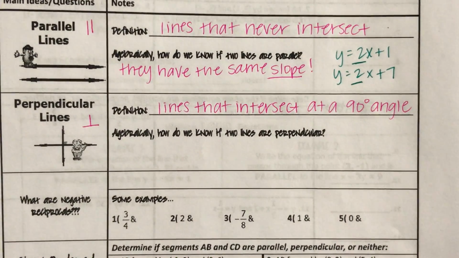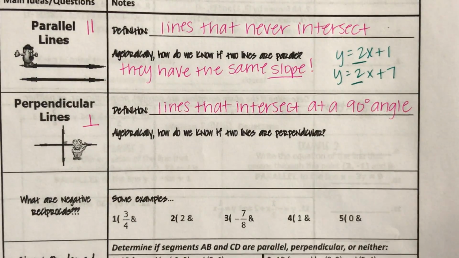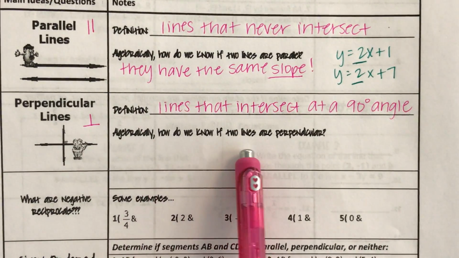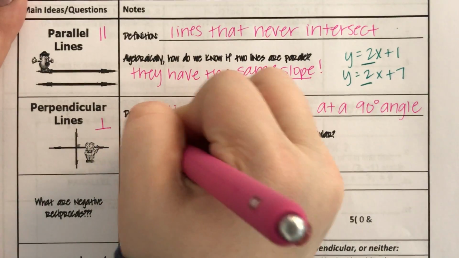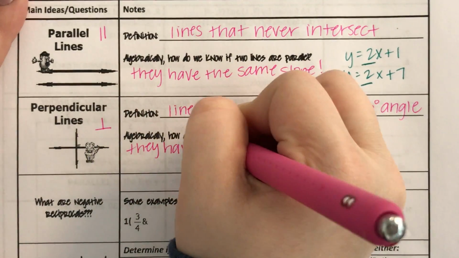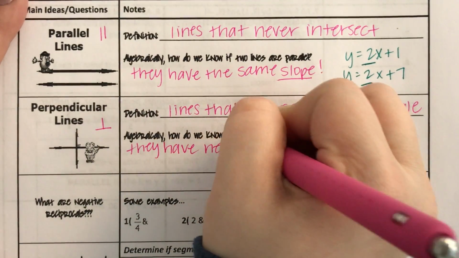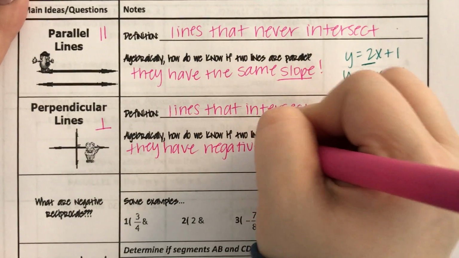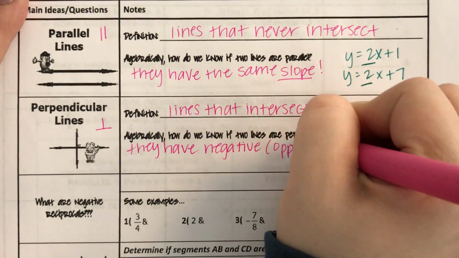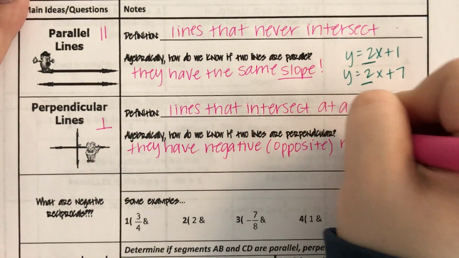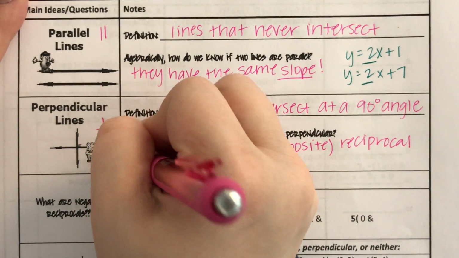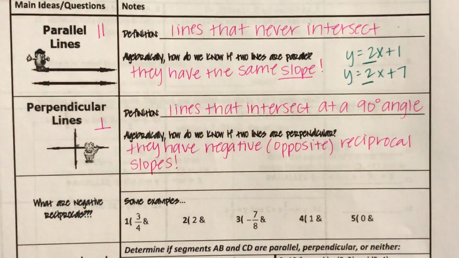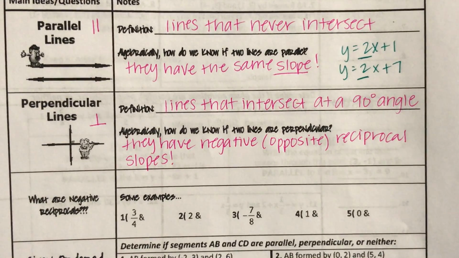A right angle is a 90-degree angle. Okay? Algebraically, how do we know if two lines are perpendicular? They have negative or opposite reciprocal slopes. This one takes a little bit of work to notice if they have negative or opposite reciprocal slopes.